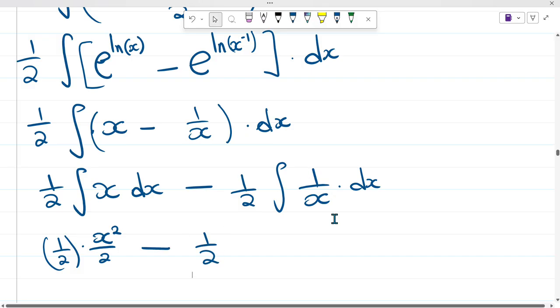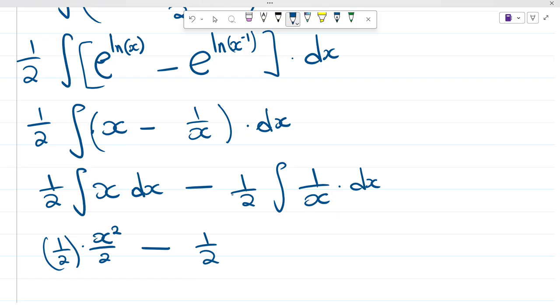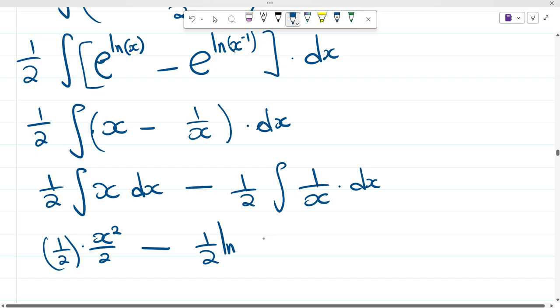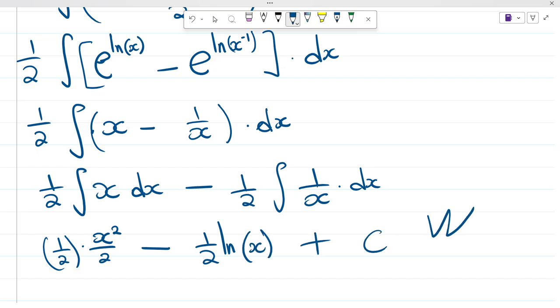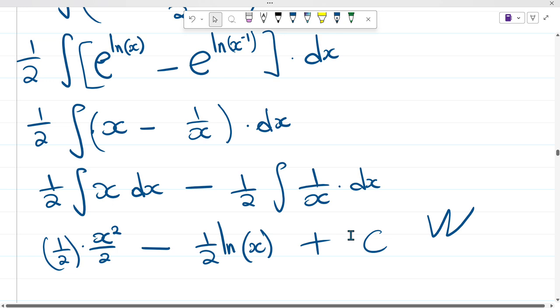Whenever we're integrating 1 over x, what is the answer for that? It's just ln of x, right? I feel like everyone crammed that one. Then plus c. Then tada, you are done.